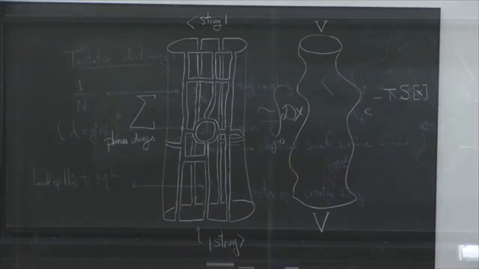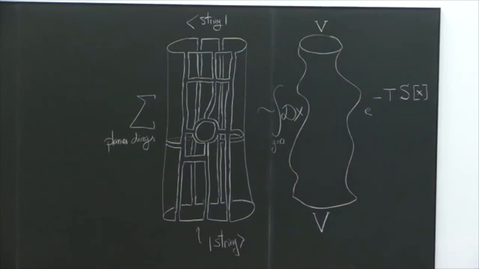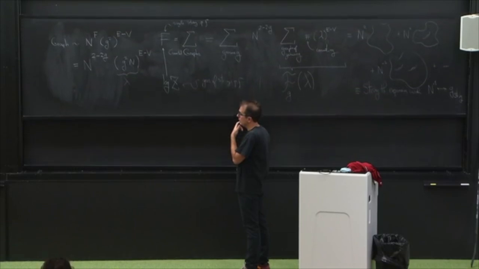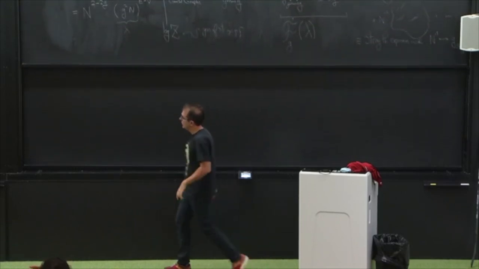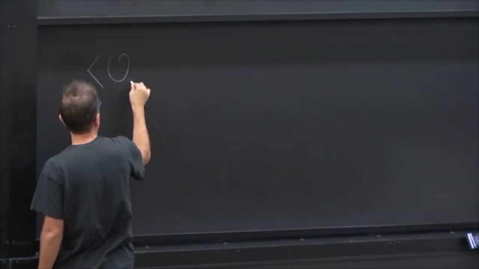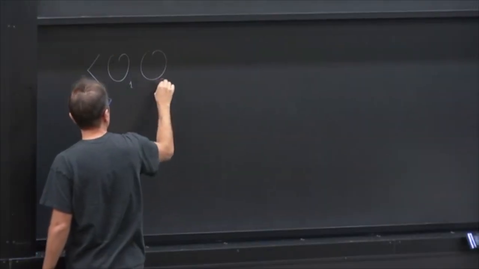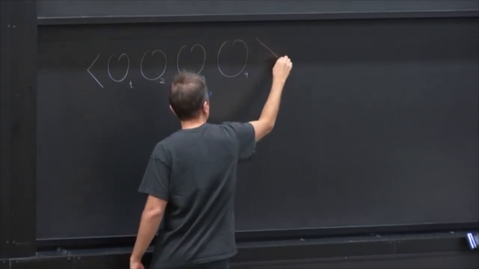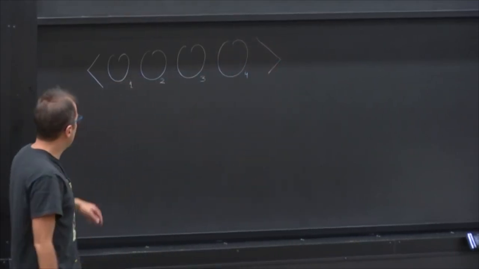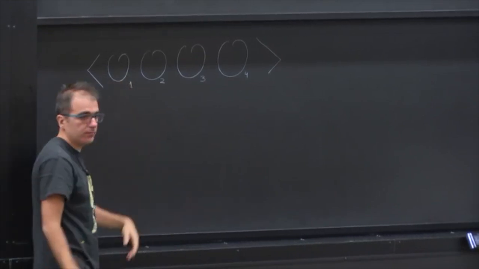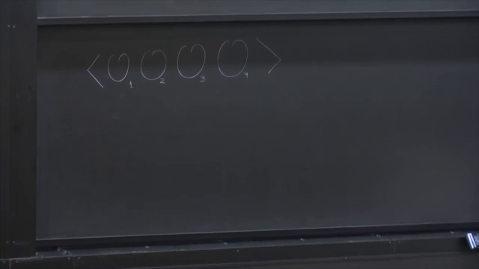Now let's think a little bit about the two strings propagating. Now, if I have two strings, I would have one operator O1, O2, O3, and O4. Right? We have 4 strings, so we have 4 operators.